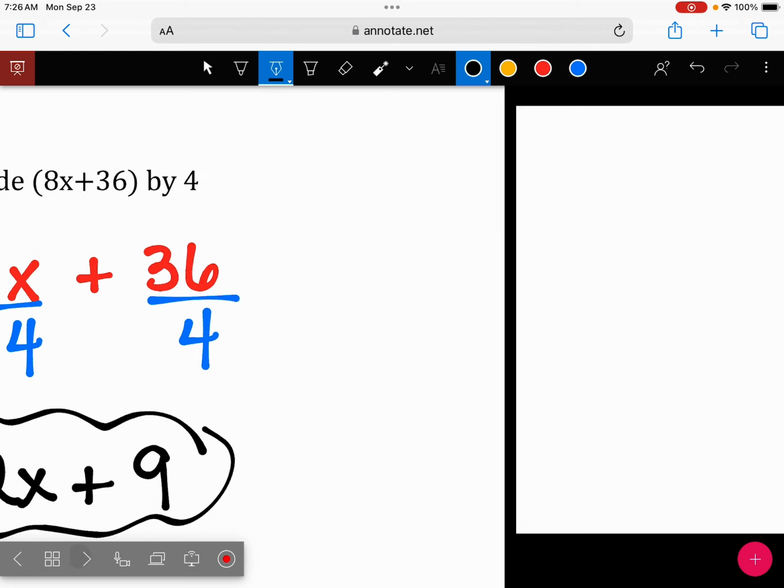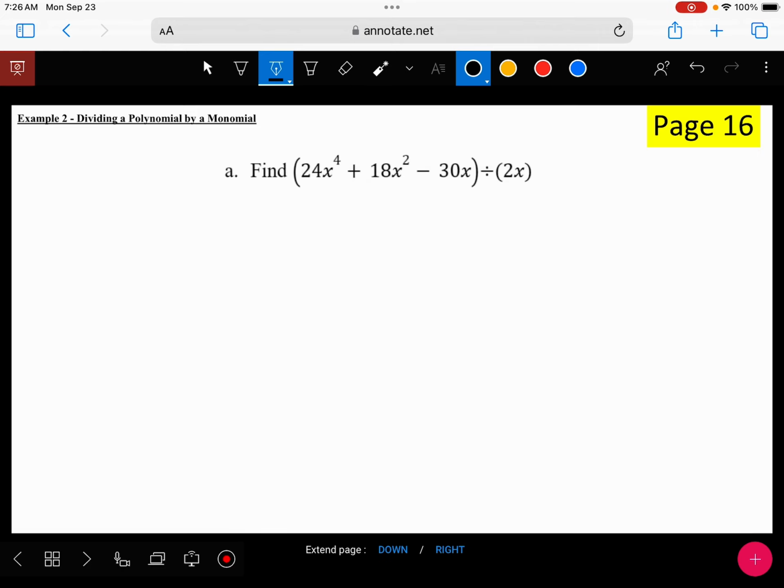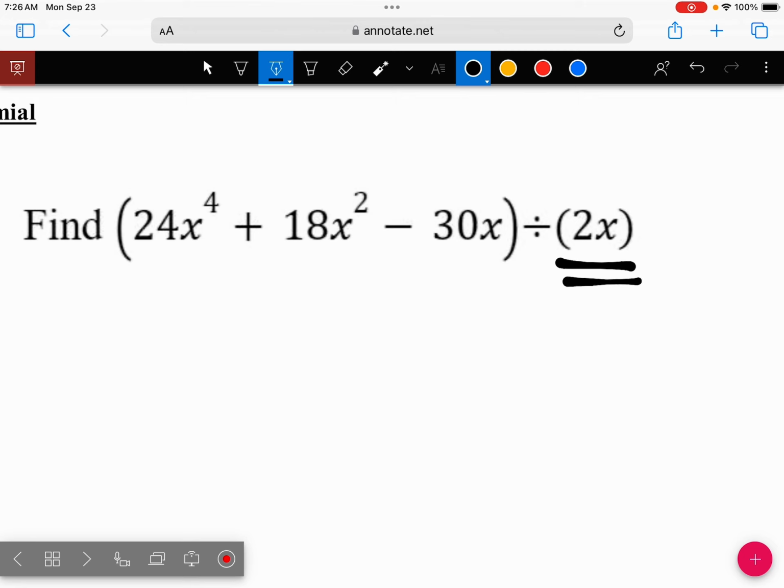All right, let's do our next one. So now we have two terms. We have a 2 and an x. Sorry, we have 2x, which is one term, but I'm dividing each one by a number and a variable. So again, I'm going to write it as 3 fractions.